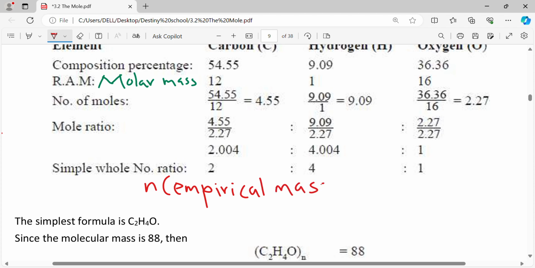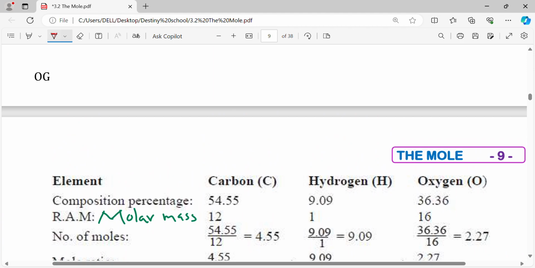So we are still not yet done. After that, there's always a formula that says that n into empirical mass is equal to molecular mass.